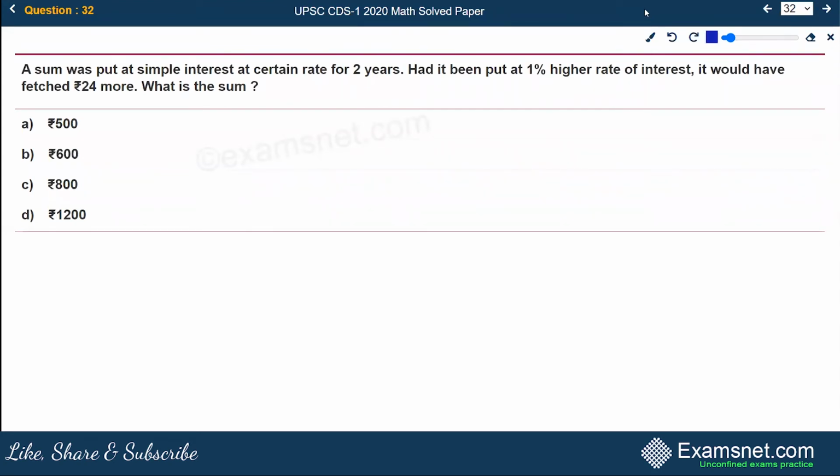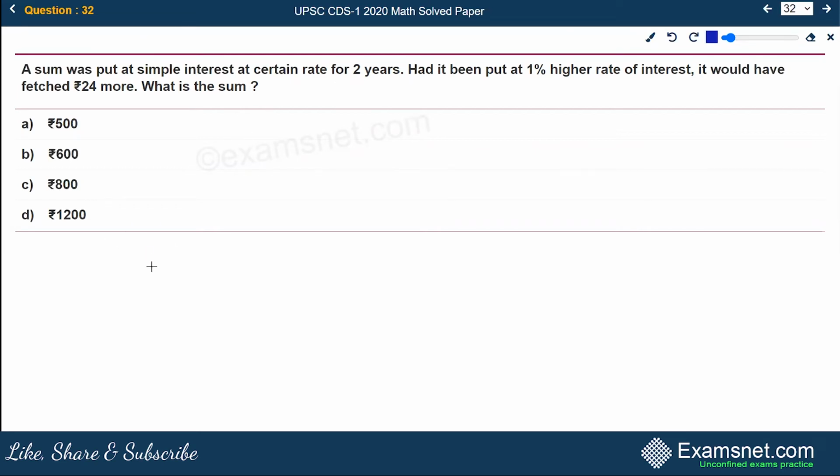In question number 32, we are given that a sum was put at simple interest at a certain rate for 2 years. Had it been put at 1% higher rate of interest, it would have fetched 24 rupees more. What is the sum? This question is related to the simple interest concept, correct?